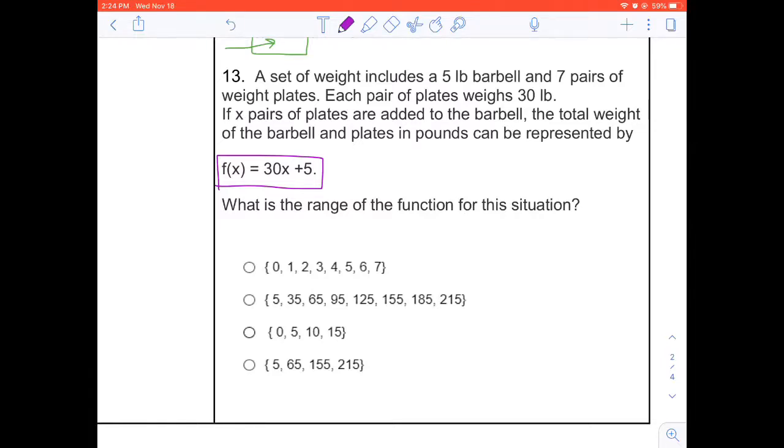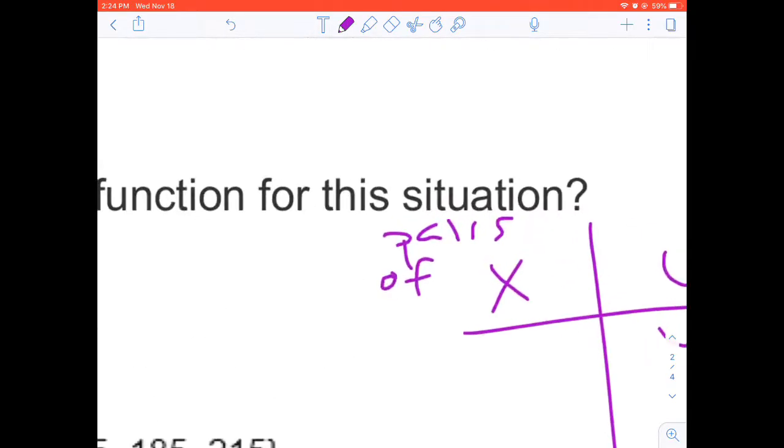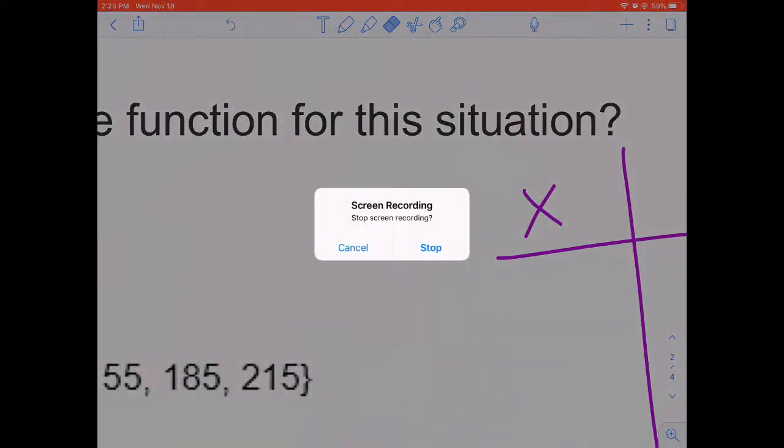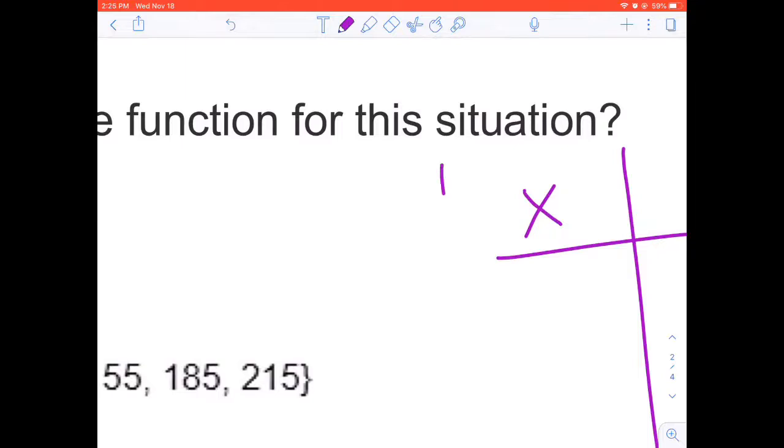The second thing that I notice is it tells you that x is the pairs of plates. So I'm going to go ahead and make myself a table. And above x, I'm going to put pairs of plates.